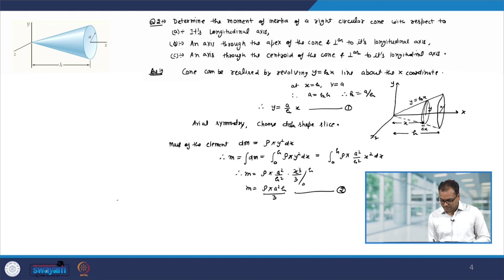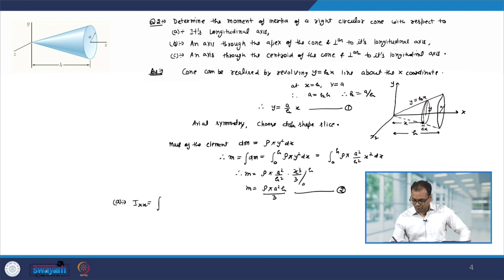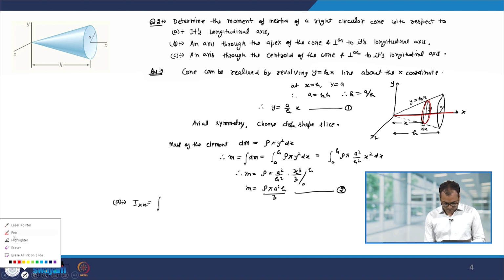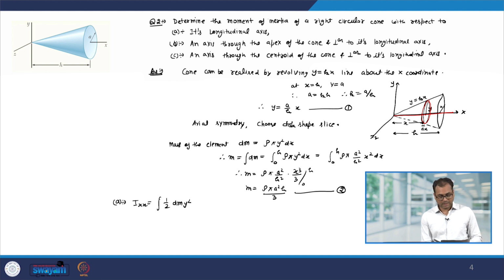Now, the first part, we have to find out the moment of inertia about the longitudinal axis, which is the x axis here. So, I x x will be the integral of the moment of inertia of this disc about the x axis, which is half m y square. So, it will be half dm y square, okay, because the mass is dm. So, let me put the value.